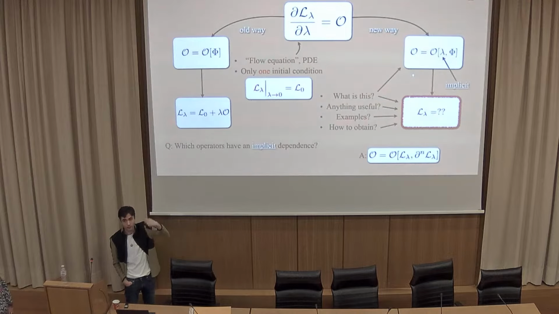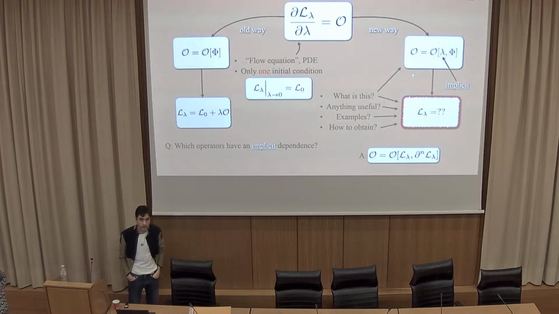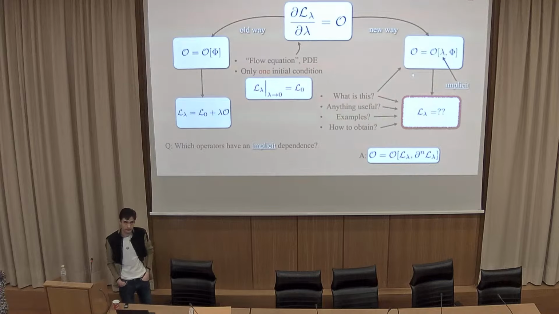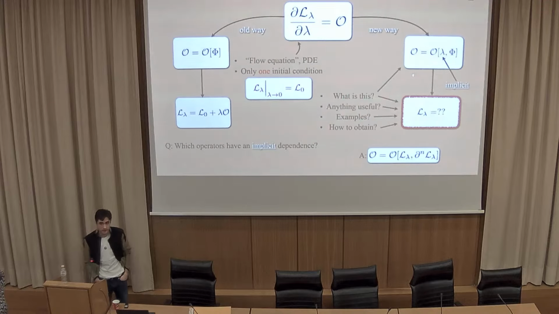So you keep getting more and more terms. That's why you get the Nambu-Goto string. So it's not some power, it's some analytic function of lambda? Not necessarily. It depends on the operator in the case you're studying. But yeah, it's very counterintuitive. This I agree.